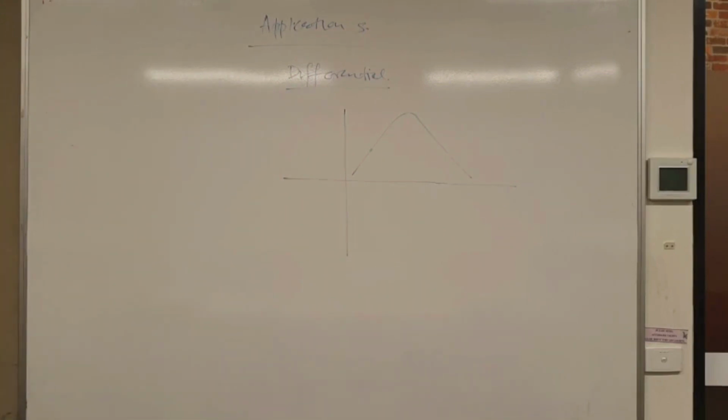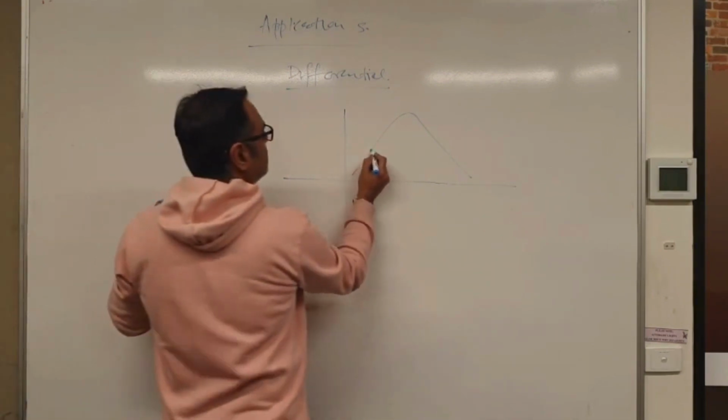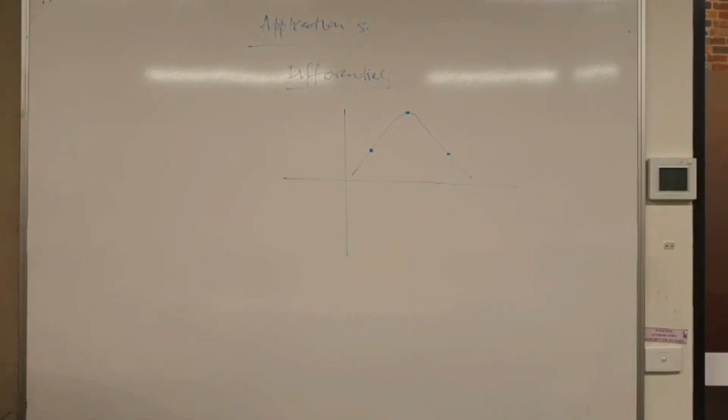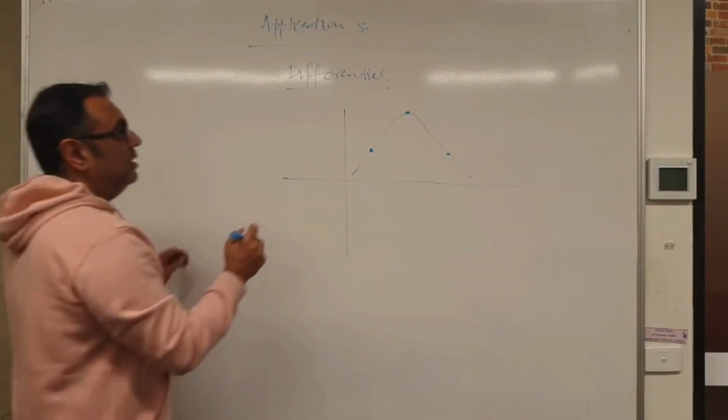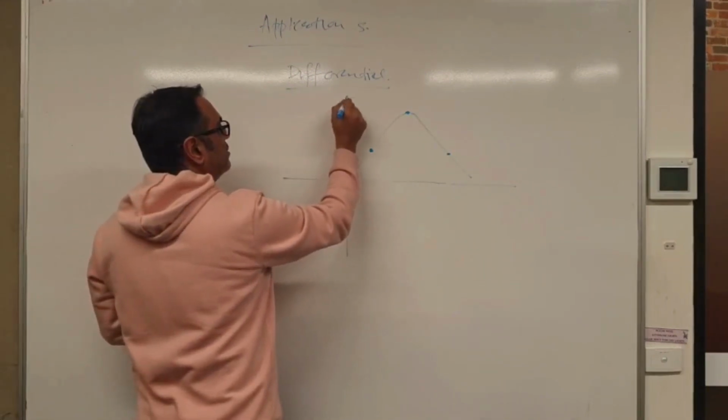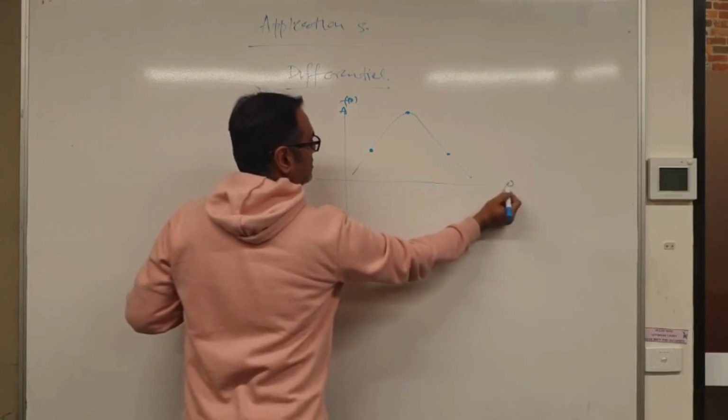Then what do I do? This is the curve. This is f of x. And this is x.